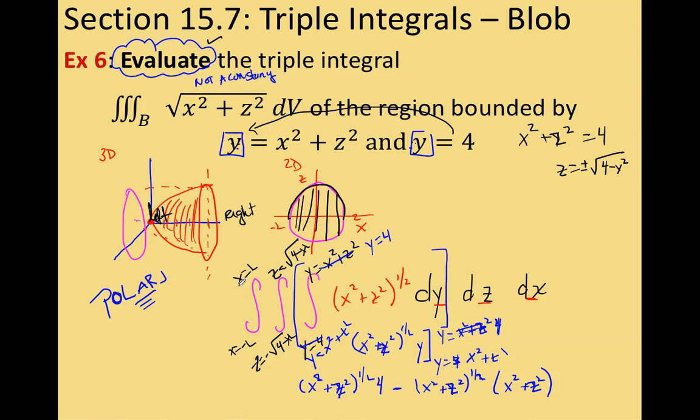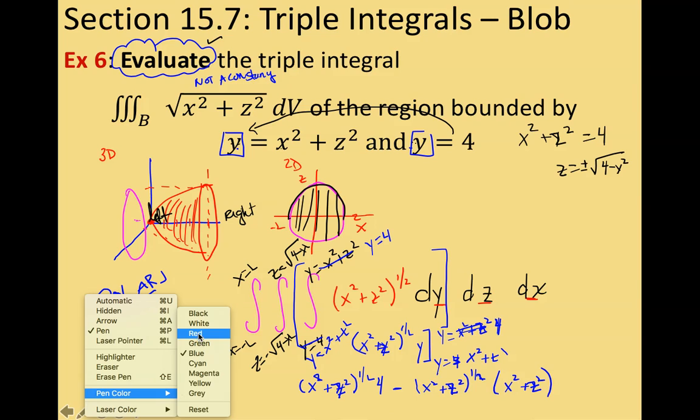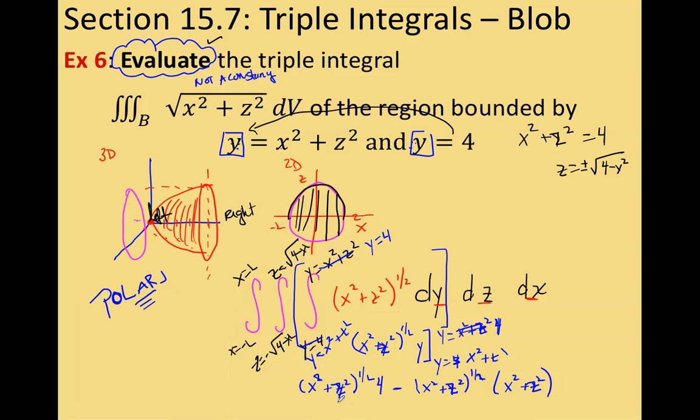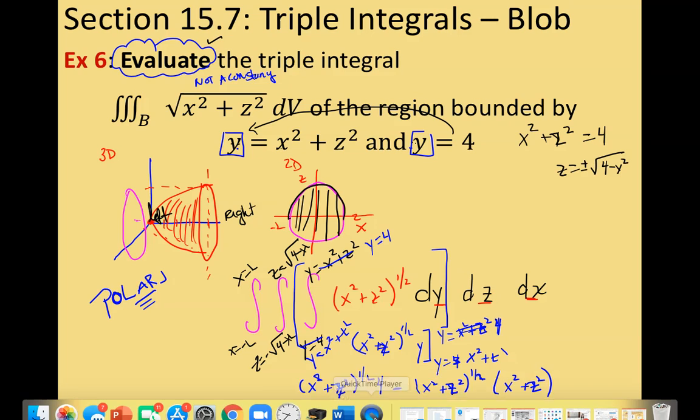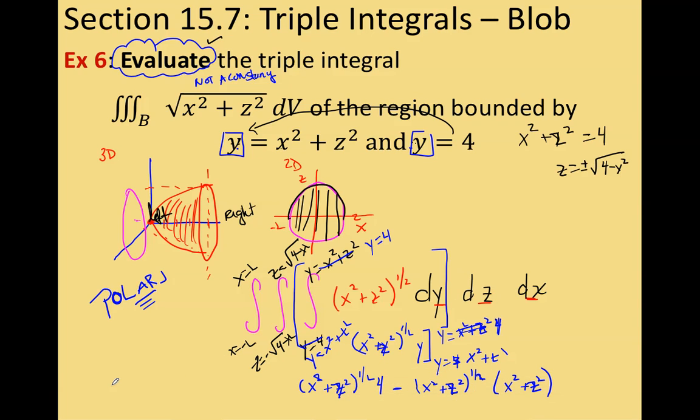So let's clean this before I ever think about these. Let's clean this up a little bit. So this is going to be, I'm going to factor out an x squared plus z squared to the 1/2.